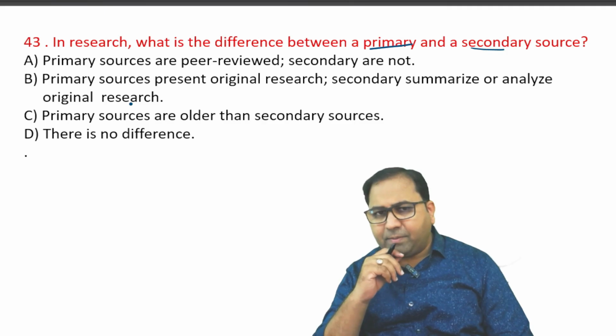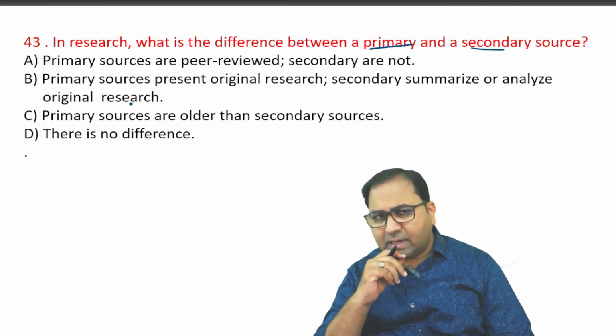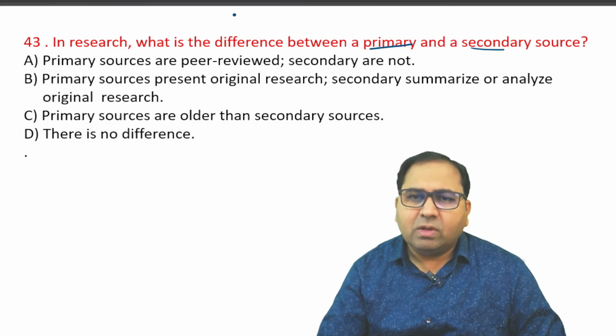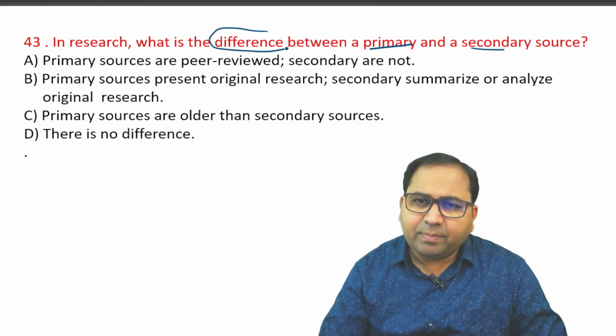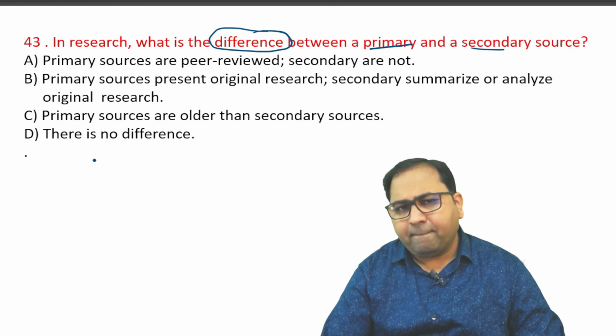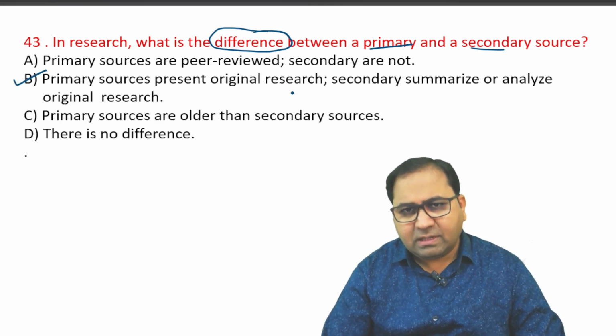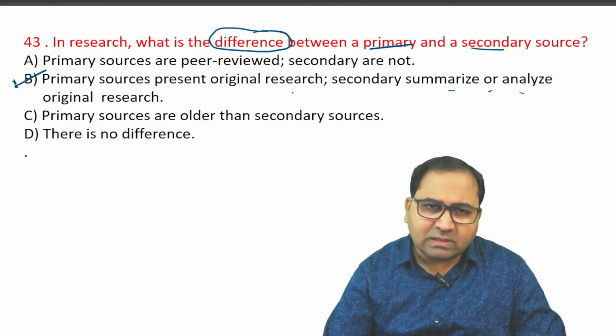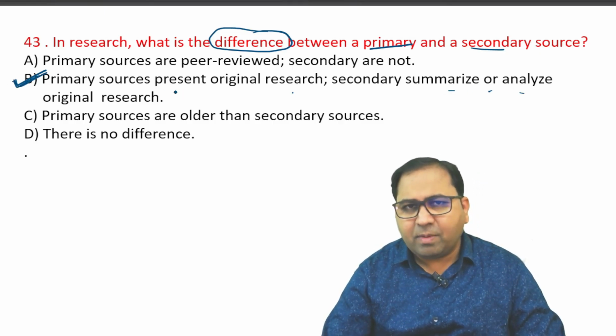Third, primary sources are older than the secondary sources. Fourth, there is no difference. The answer is that the primary source presents the original research whereas the secondary summarizes or analyzes the original research. So this is the answer for our question. Please remember this answer.